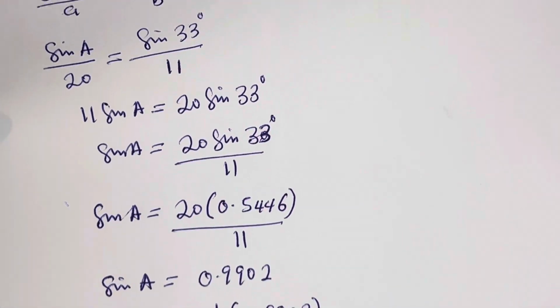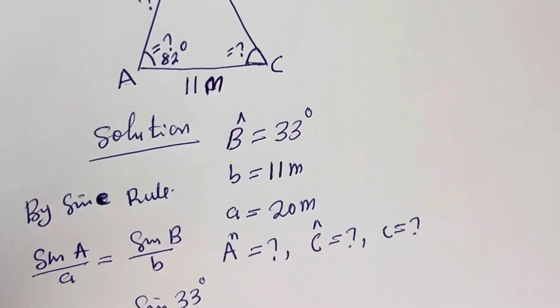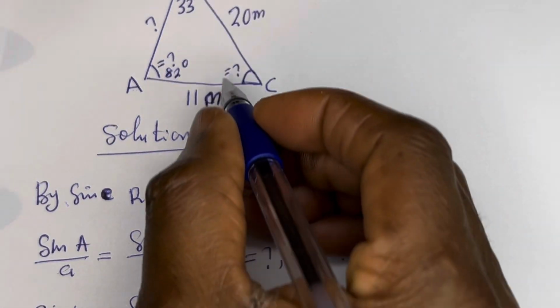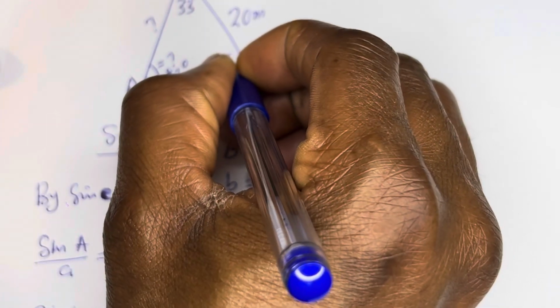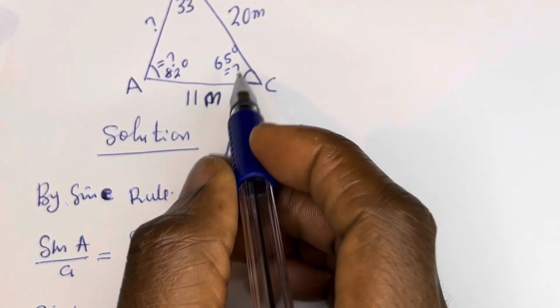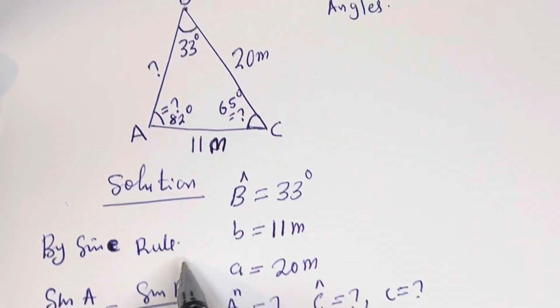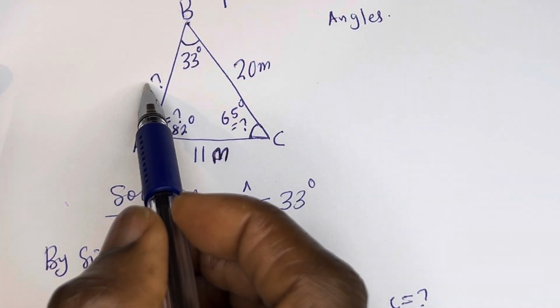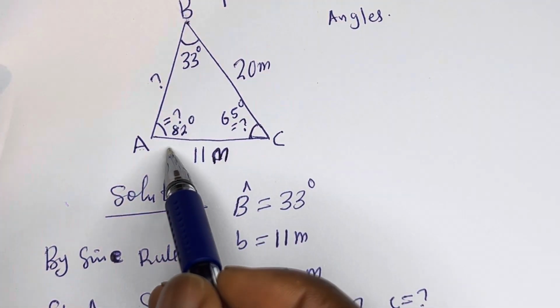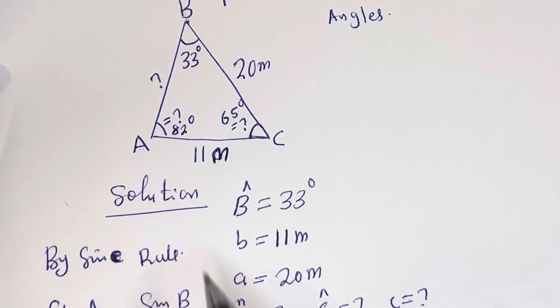We've gotten the value of angle C here, which is 65 degrees. Now, since this is 65 degrees, we'll be able to solve for side C here using also the same sine rule.